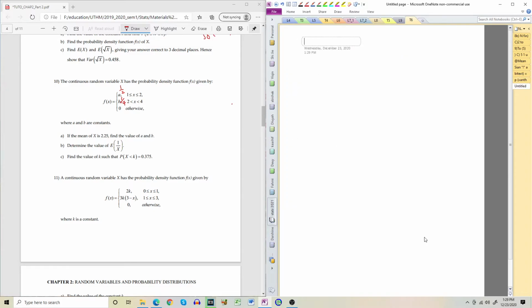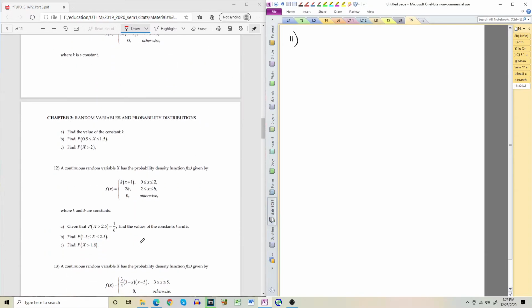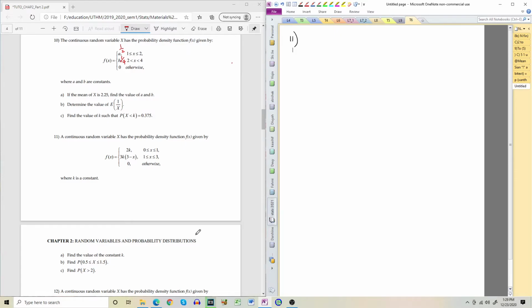Question 11. A continuous random variable x has a probability density function. Given that, find the value of constant k.